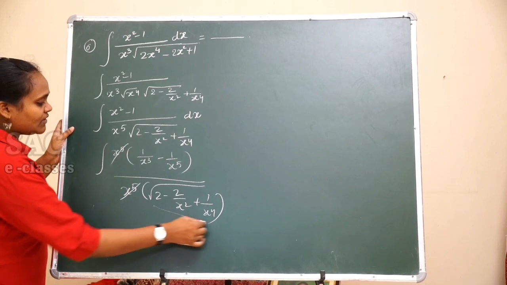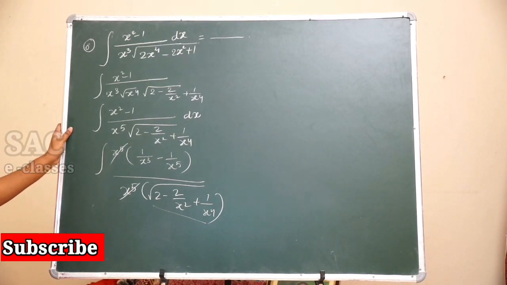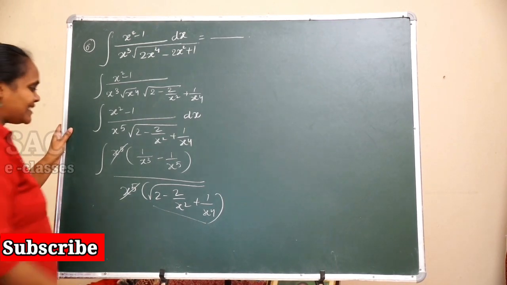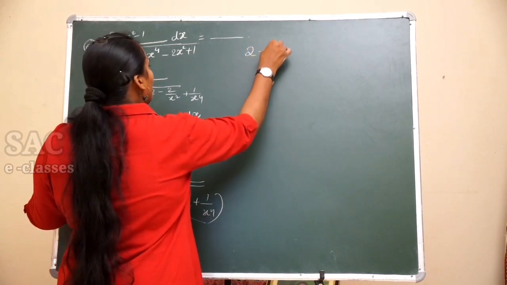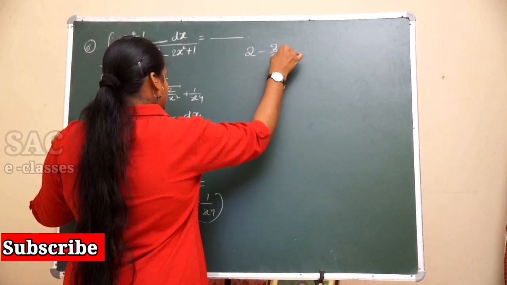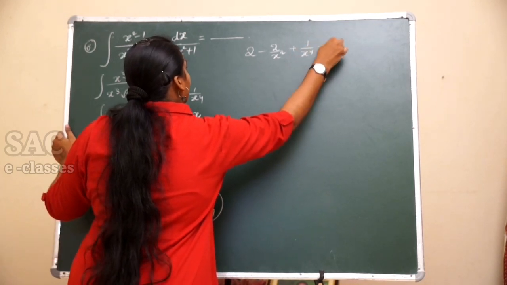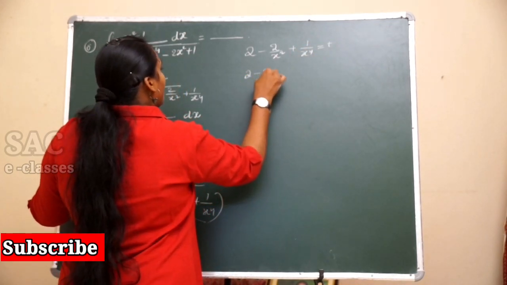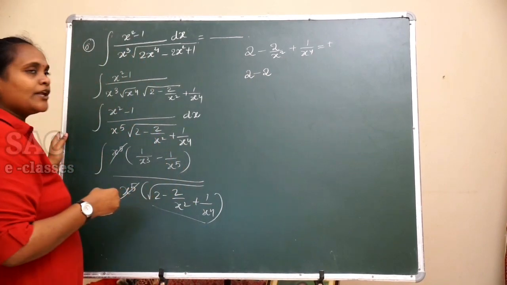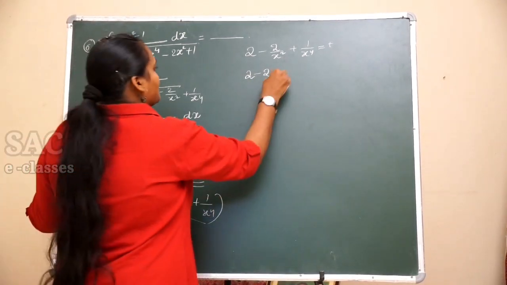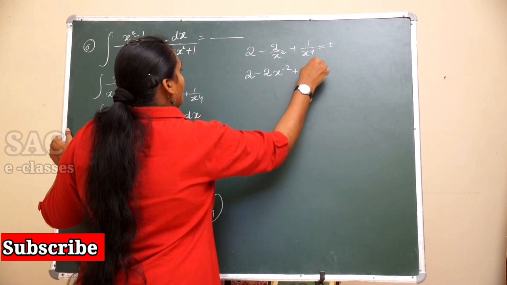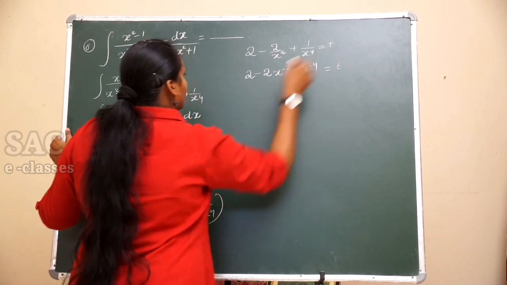Clearly, by choosing whichever is in the root in the denominator as t, 2 minus 2 by x square plus 1 by x power 4 is some t. Better to express them with the negative power: 2 minus 2x power minus 2 plus x power minus 4, which is equal to t.